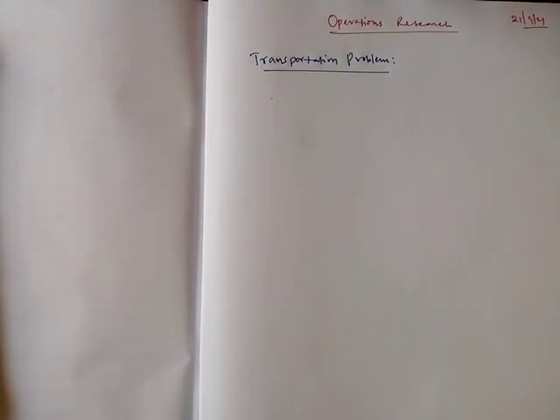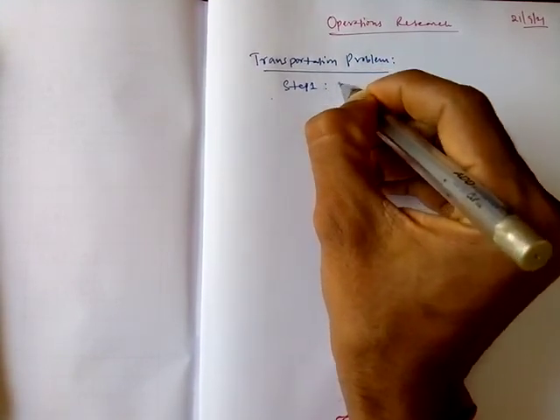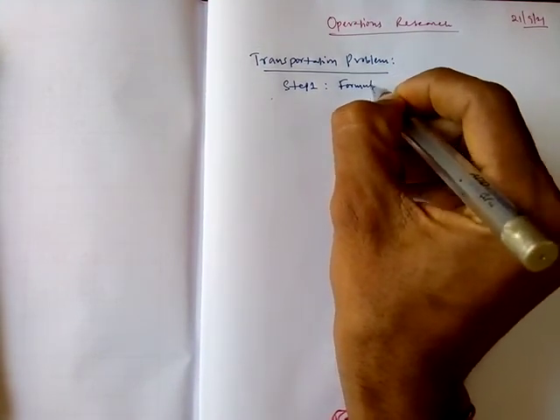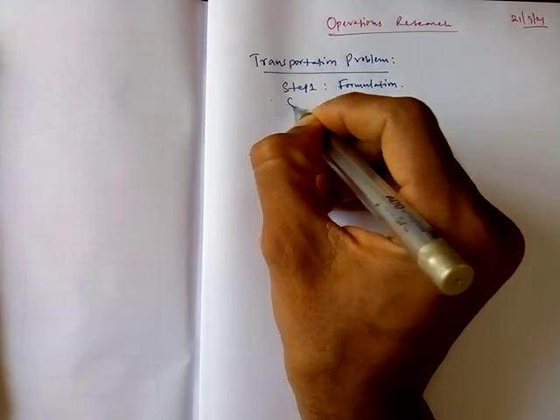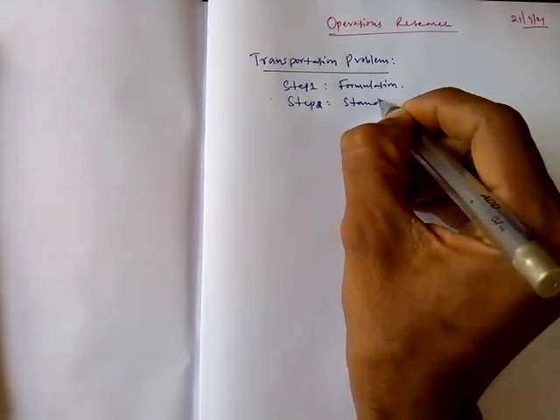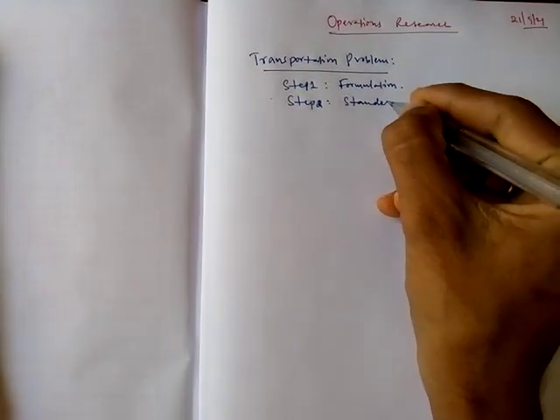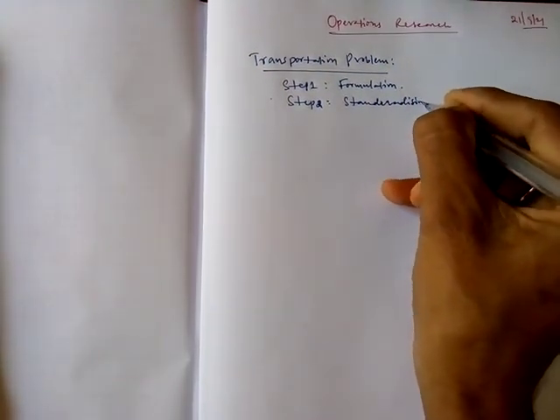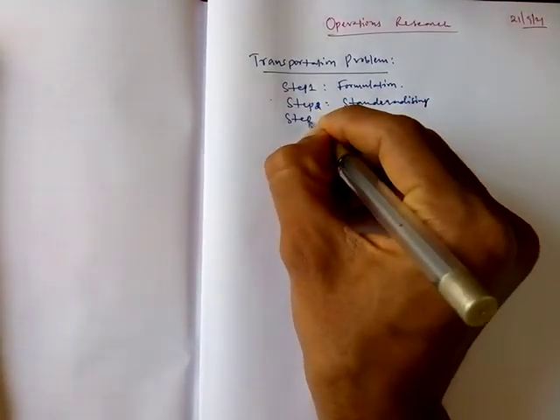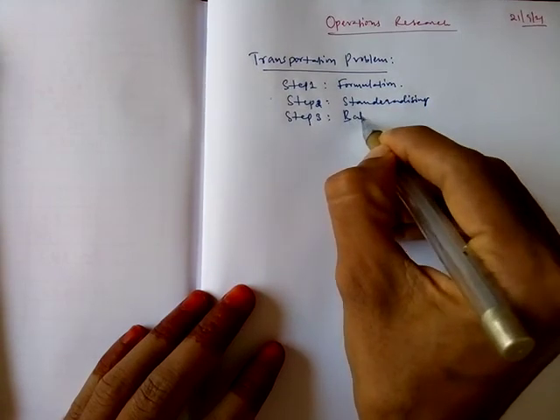To solve this transportation problem we have a few steps. Step number 1, formulation. Step number 2, standardizing. Step number 3, balancing.